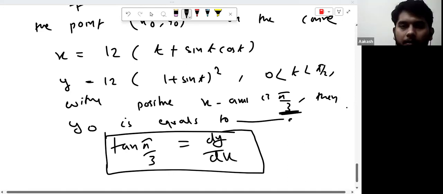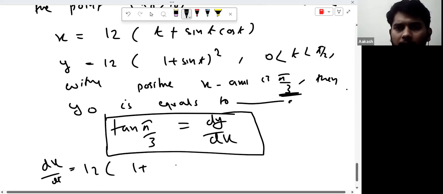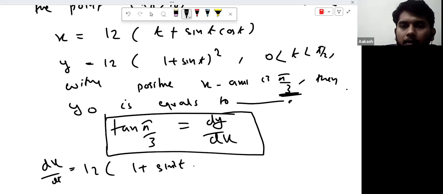Here dx by dt is 12 times (1 plus sin t cos t). Okay, sin t cos t we can multiply and divide by 2, so sin square t and minus cos square t, we can write like this.